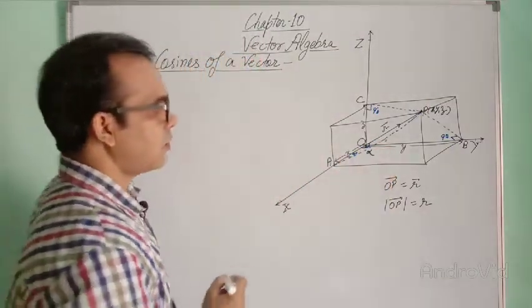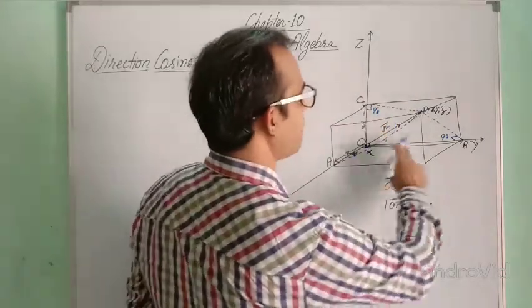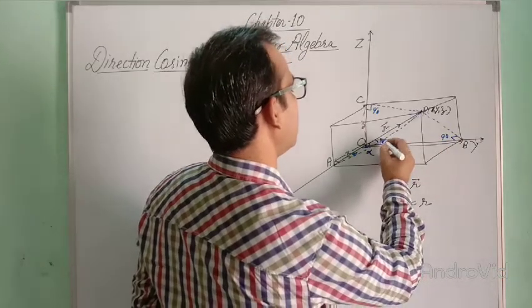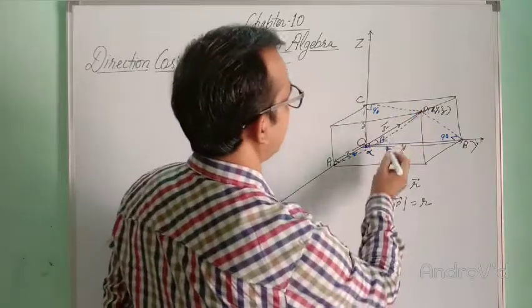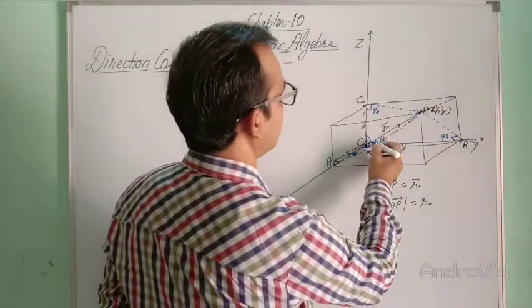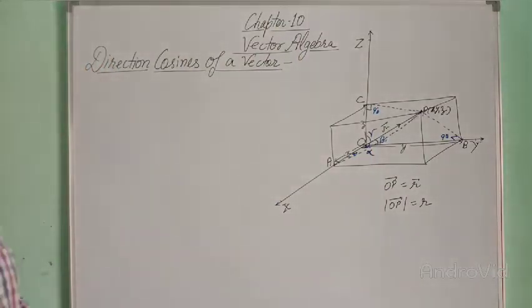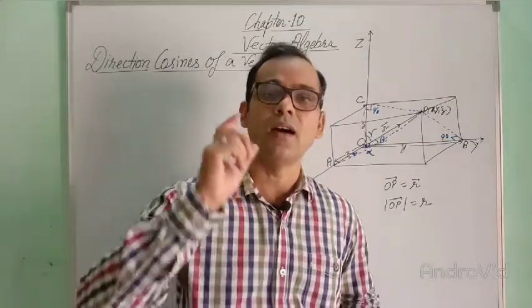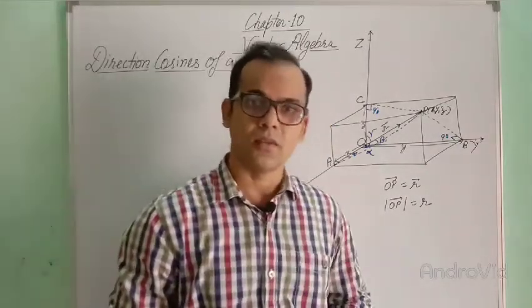The R vector makes an angle beta with the y-axis, so this is beta, and this OP vector makes an angle gamma with the z-axis. Now you can clearly see that alpha, beta, gamma are the angles formed by the vector R with the coordinate axes.